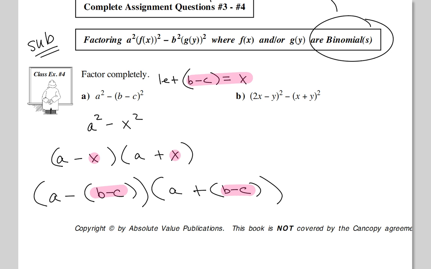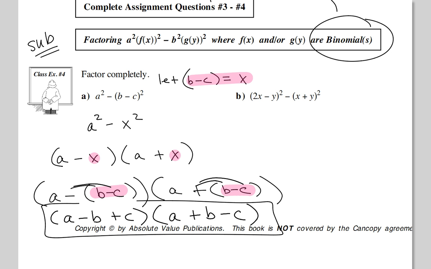This minus is going to come inside, and what's going to happen? Minus b and then a plus c. That's so critical. A lot of students will screw that up. A plus a b minus a c, because when you distribute a positive 1, nothing will change. So there's your final answer.